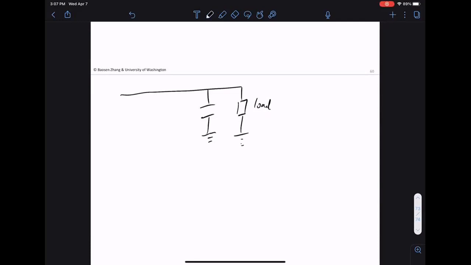So the question for us to think about is: is the value of the capacitor fixed, or do I have to adjust the value of the capacitor? Do I want to just install a capacitor and be done with it, or do I still want to adjust this?